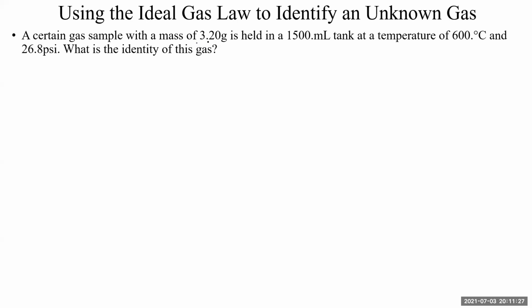So here we're given the grams of an unknown gas, but since we don't know what the gas is, we don't know its molar mass. But if we can figure out the number of moles, we can get a relationship of grams divided by moles to get molar mass, and then we can search the periodic table for known gases to compare to.